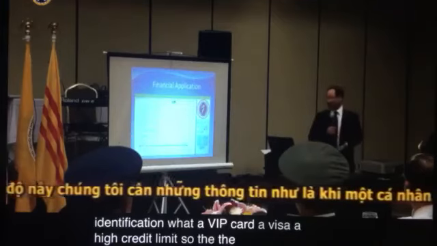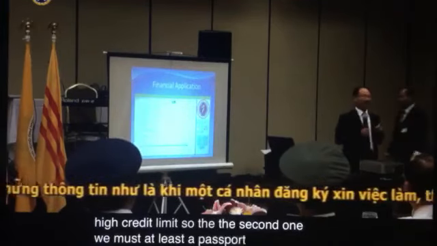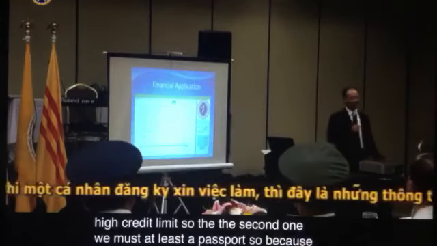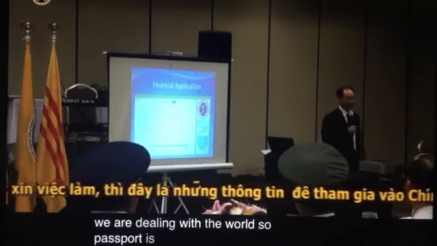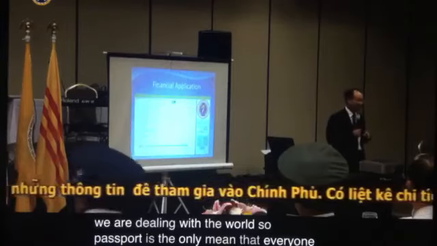For the second one, we will ask for at least a passport, because we are dealing with the world, and a passport is the only means that everybody must have.